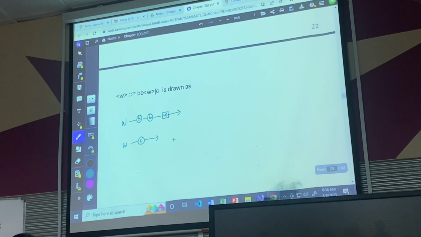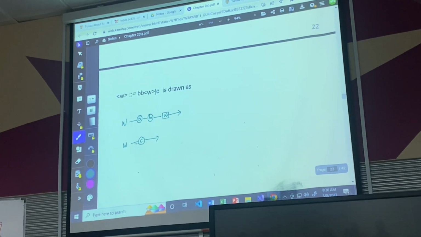This is the simplest way to draw the syntax diagram. You draw the W, BBW, or the W with C. Separate two, right? But if you want to combine the two, then how to draw?